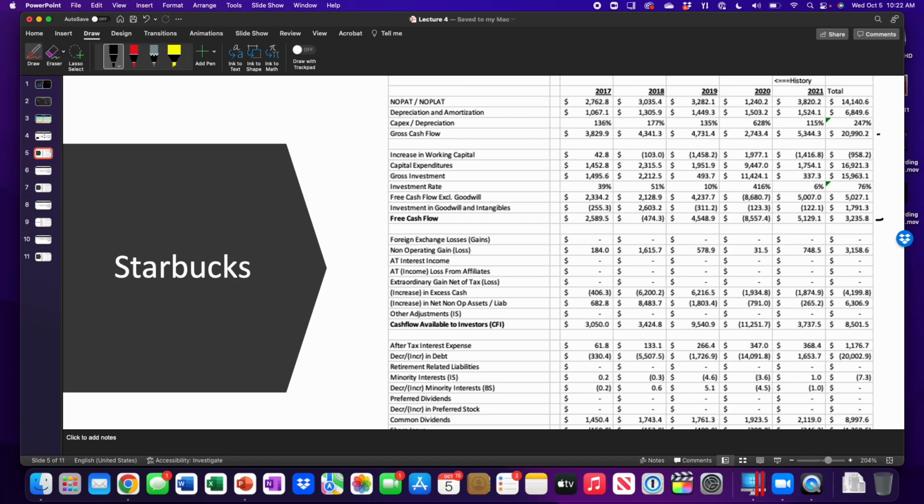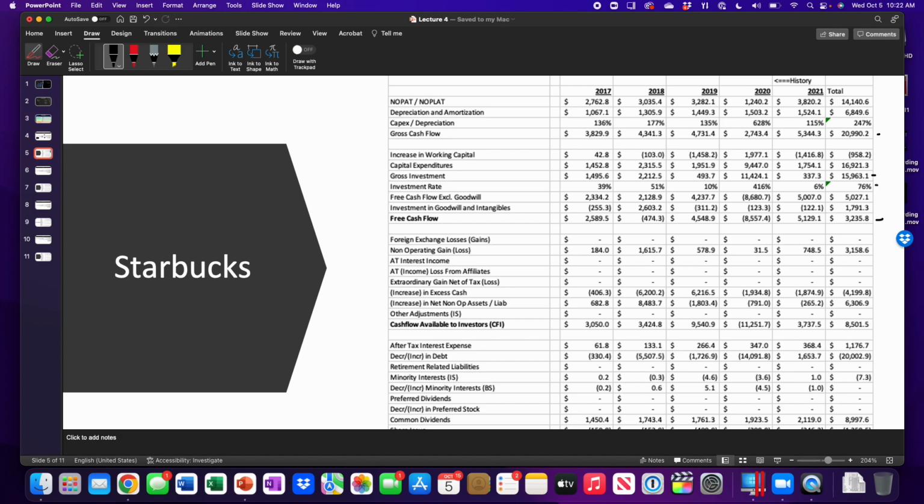They then reinvested gross investment of $15.96 billion into their balance sheet. That averaged a 76% reinvestment rate. So Starbucks is putting 76% of their cash profit from the income statement back into the business.